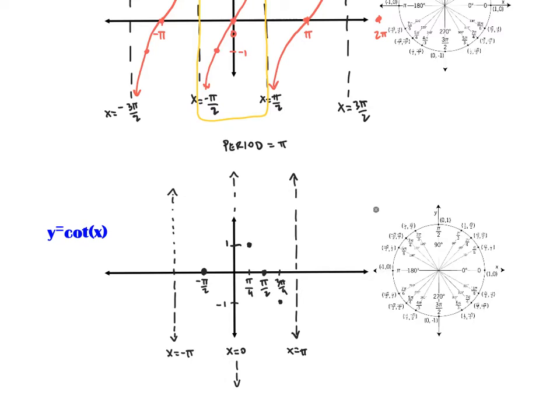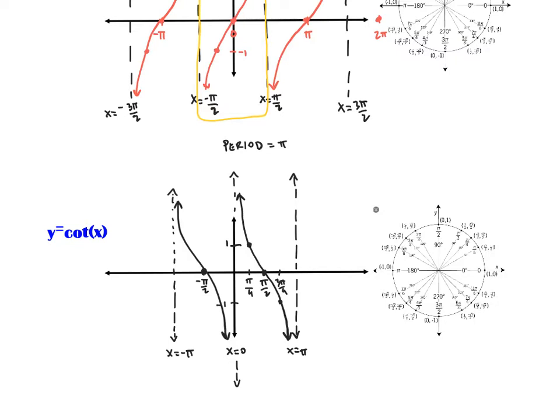So our graph will look like this. Very similar to tangent. Almost looks like a vertical reflection. However, it is not. Please don't mistake that. But that would be the graph of cotangent of x.